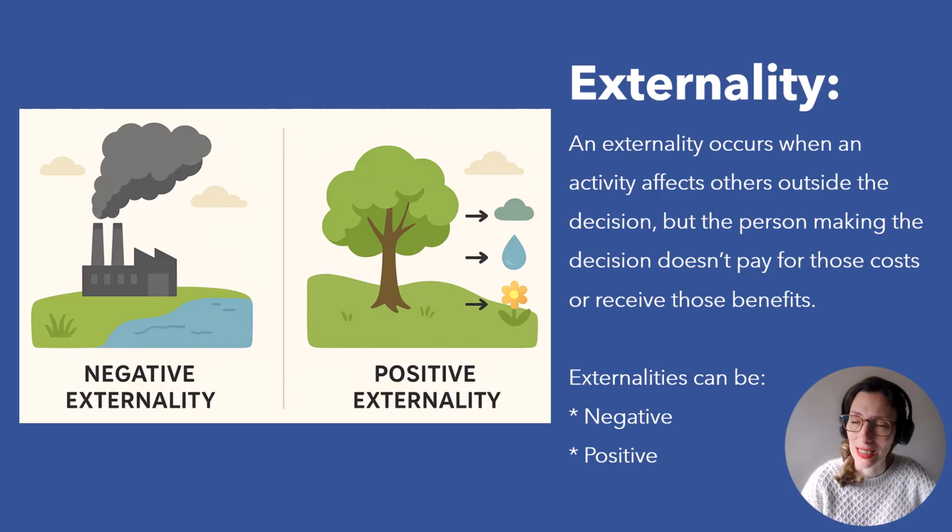Positive externalities occur when an action or decision creates additional benefits for others beyond the person or firm making the decision. These benefits spill over to society, but the decision maker does not receive any compensation for generating them. A classic example comes from conservation.